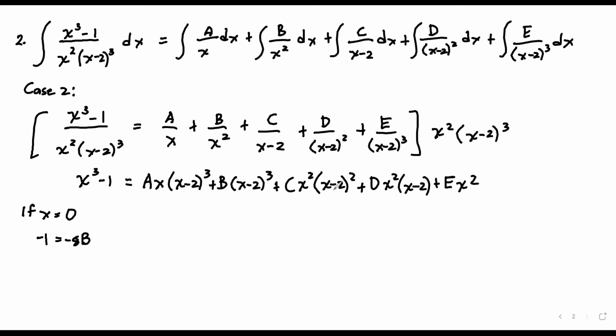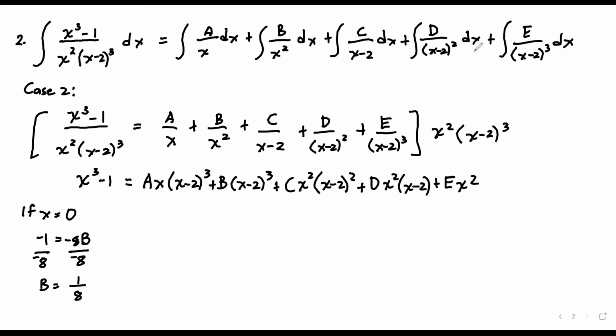The other terms are 0 times this, 0 times e, 0. So divide both sides by negative 8. So b is equal to 1/8.